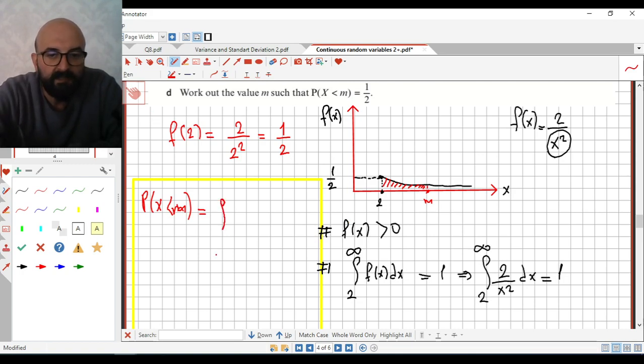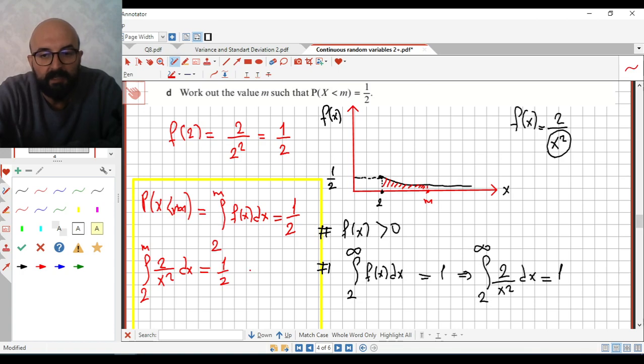So the integral from 2 to m of f(x) dx should be 1 over 2, and the integral from 2 to m of 2 over x squared dx should be 1 over 2, and negative 2 multiplied by 1 over x from 2 to m should be 1 over 2.